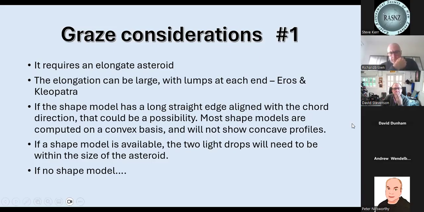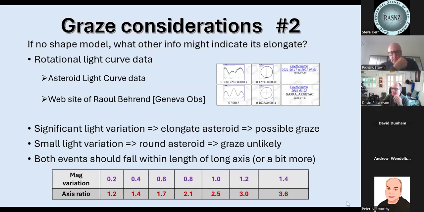And if you don't have a shape model, what other information can you get that's relevant to deciding whether you've got an asteroid which could give a graze? And that's where you go to asteroid rotational light curve data. There's various sources where you can get light curves, preliminary light curves. I won't go through the details.